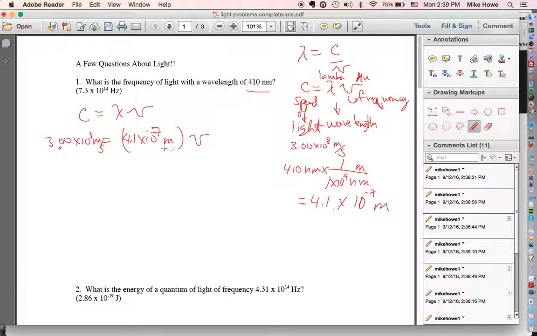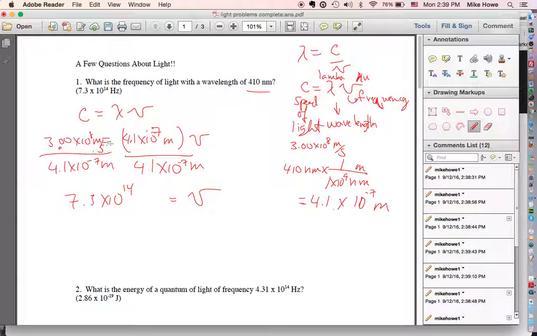So to solve for the frequency, we just divide both sides by 4.1 times 10 to the -7th meters. When you do that, you get 7.3 times 10 to the 14th equals the frequency.